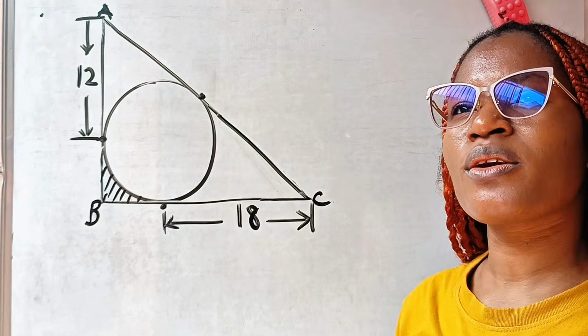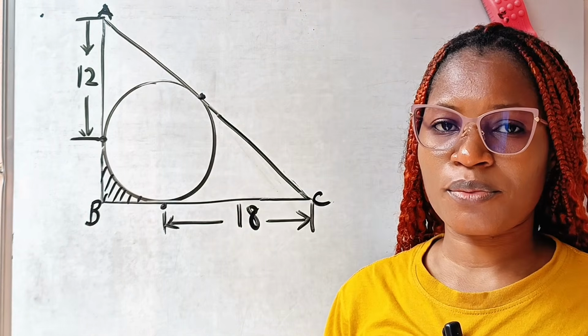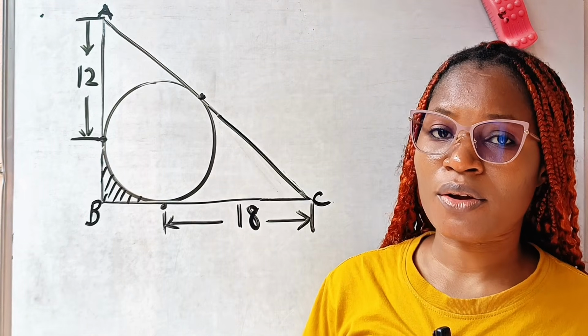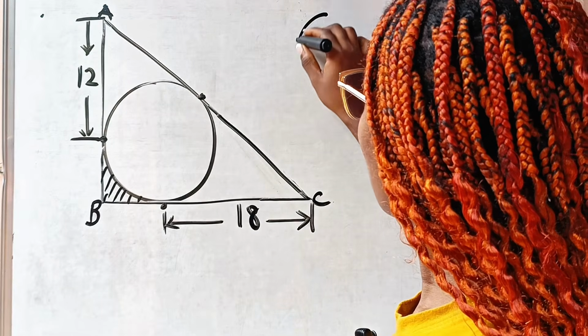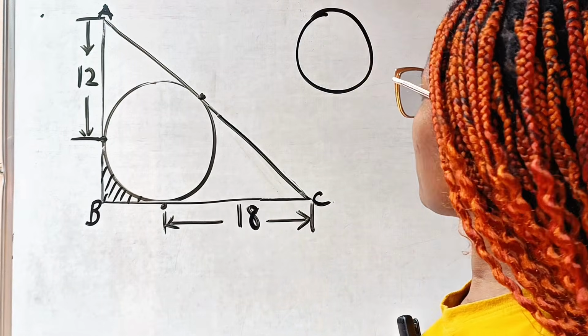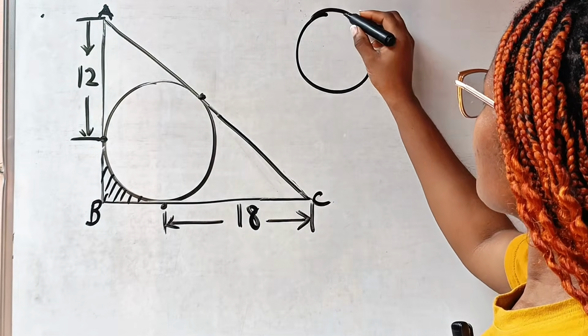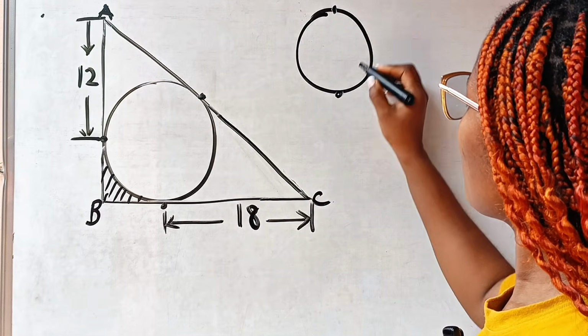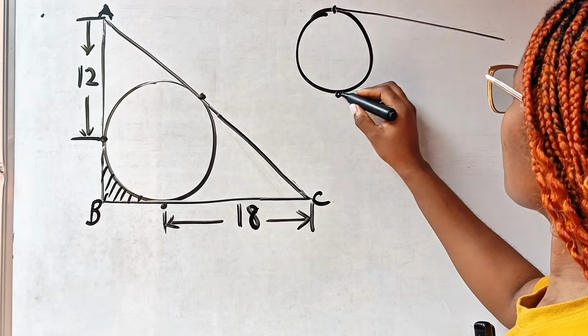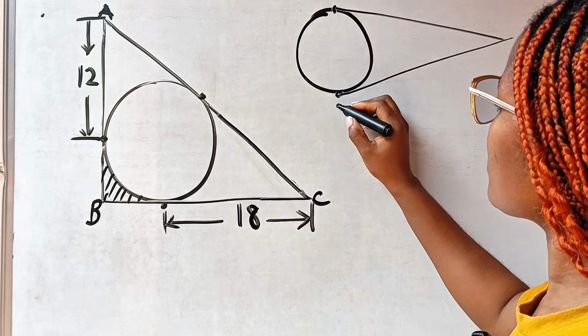Now, if we use the tangent theorem, I know you've come across this theorem. It states that if you have two tangents to a circle, let's say this is a circle and we have this point A and point B, and we have two tangents coming from both points.